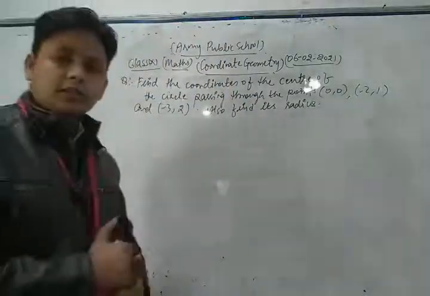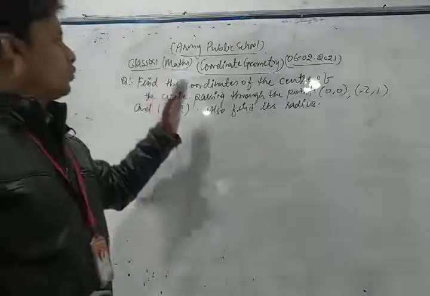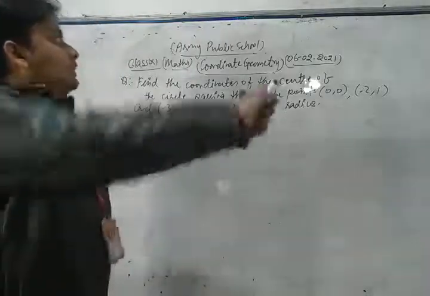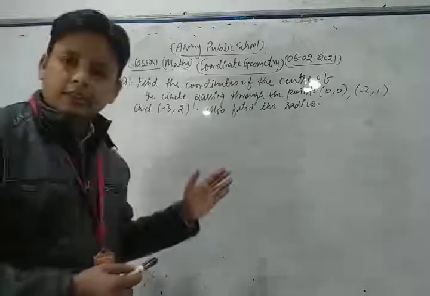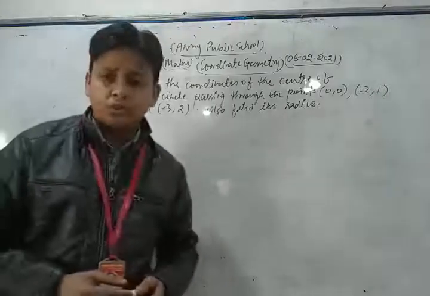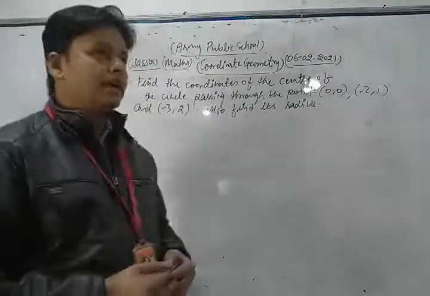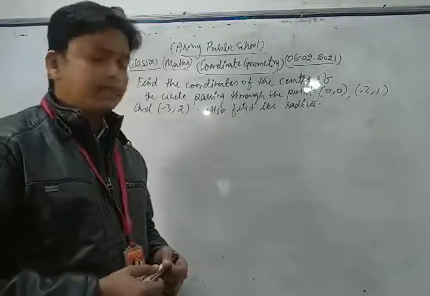Here, what is given, dear students? The coordinates of the center of the circle passing through the points 0 0, -2 1 and -3 2. Also find its radius.